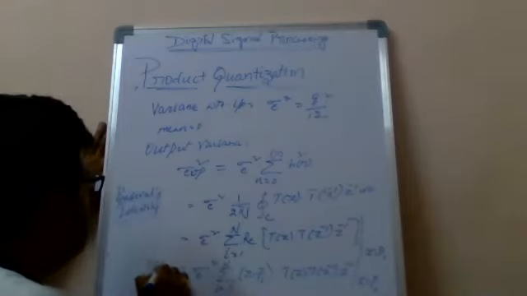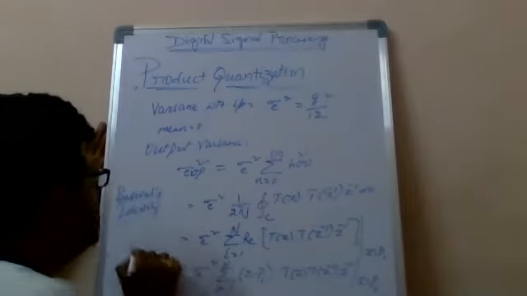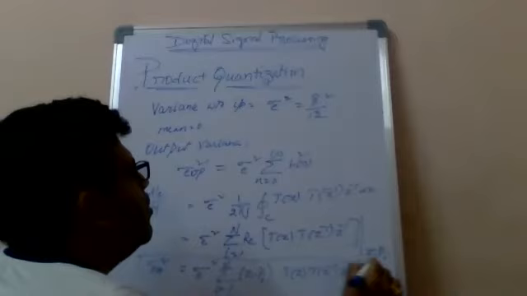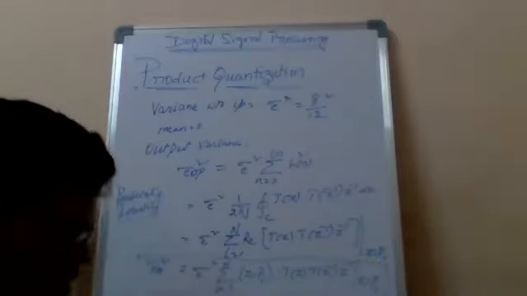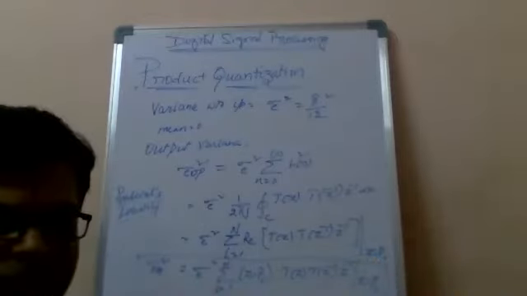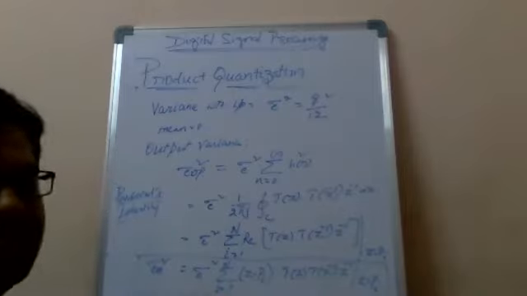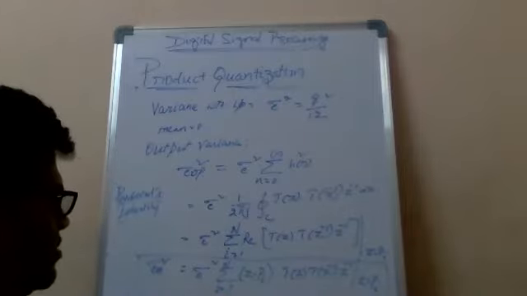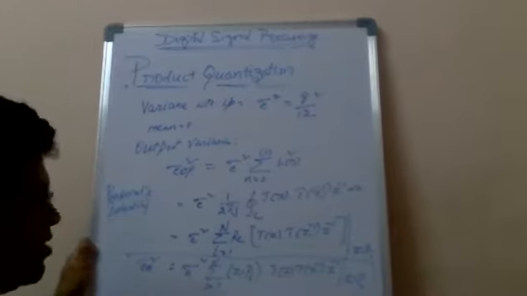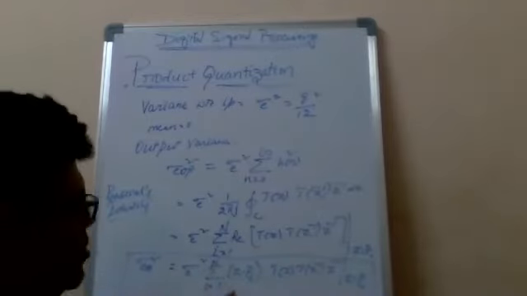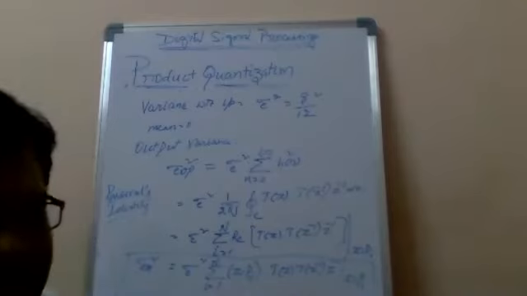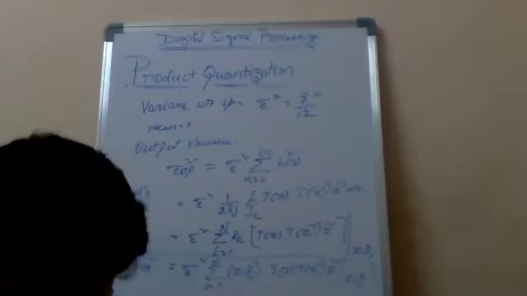So sigma o square is the output variance or output noise power. The output noise power or output variance is given by this formula: sigma e square, i runs from 1 to n, (z minus pi) T(z) T(z inverse) at z equal to pi.